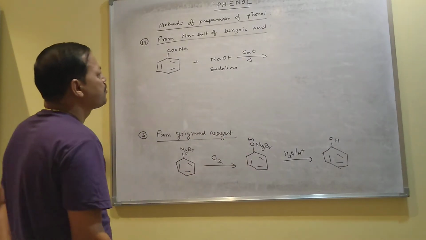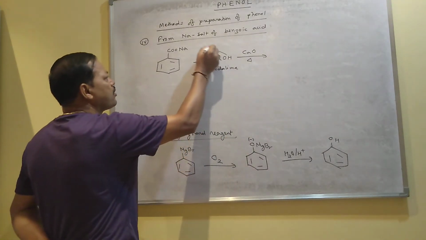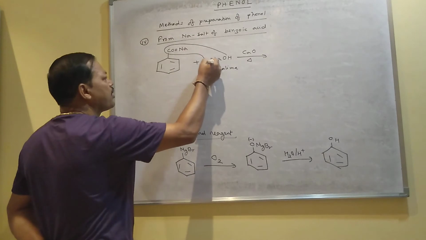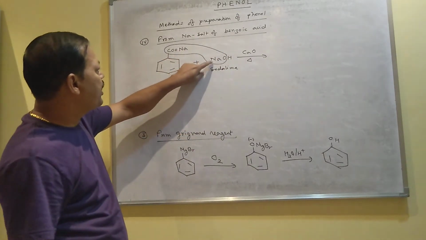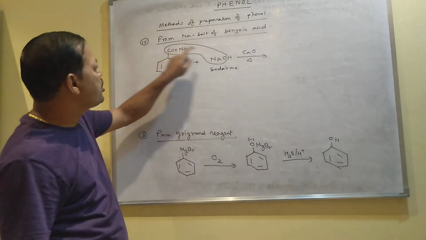Then this part will combine and they will form a compound. Here 2 Na, 1 carbon, 3 oxygen.